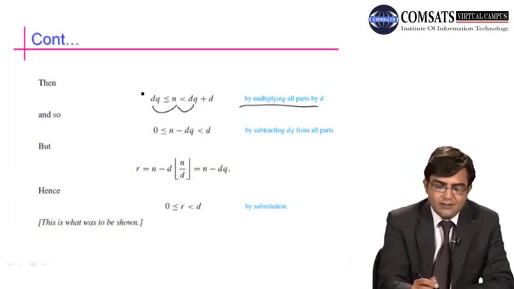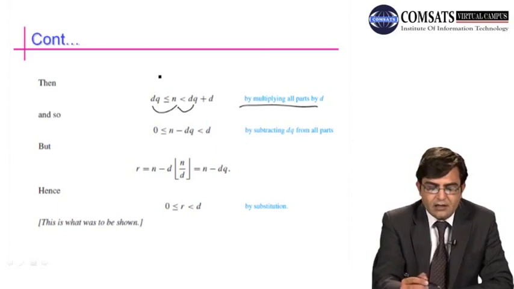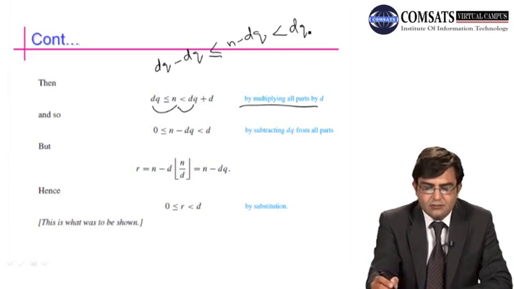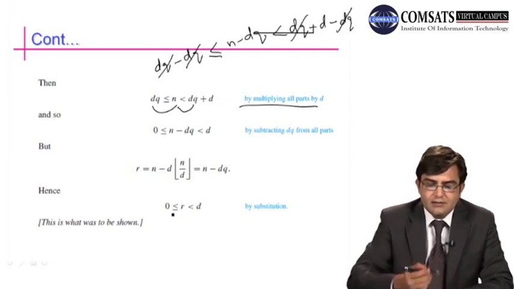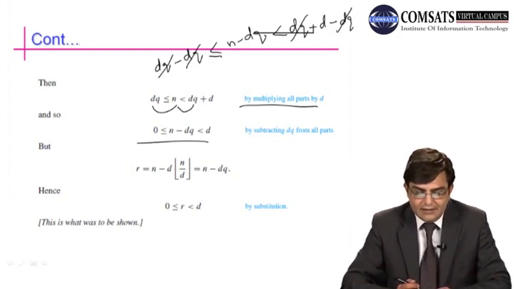You can say that we subtracted dq on all sides of this inequality, just like this: dq minus dq less than or equal to n minus dq less than dq plus d minus dq. So here dq cancels, here dq cancels, and we have obtained 0 less than or equal to n minus dq less than d.